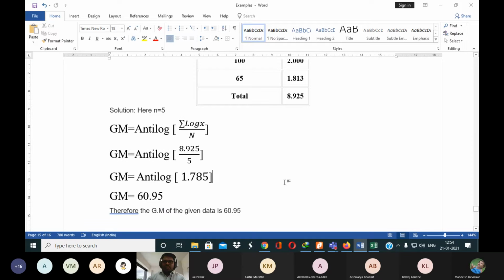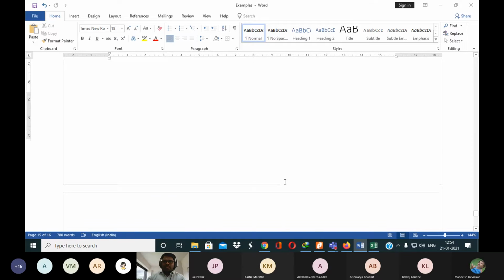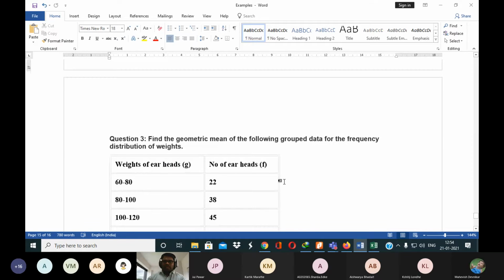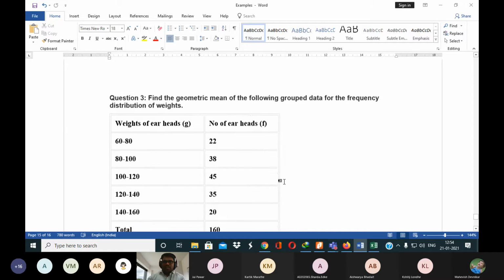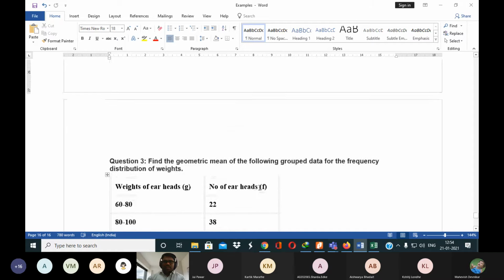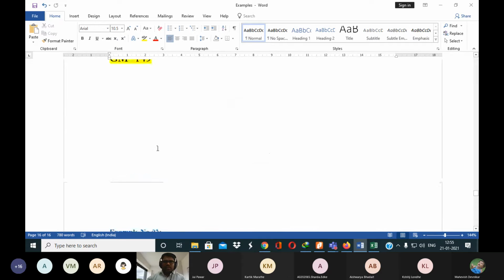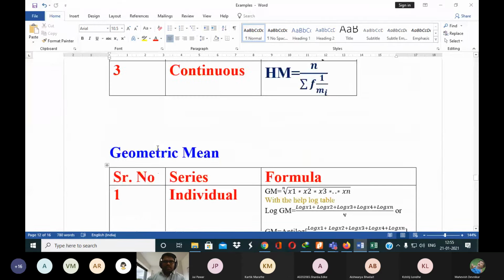Okay, now today we will discuss how to calculate the geometric mean in a discrete series. So this is the example of the discrete series. I'm just copying the name.